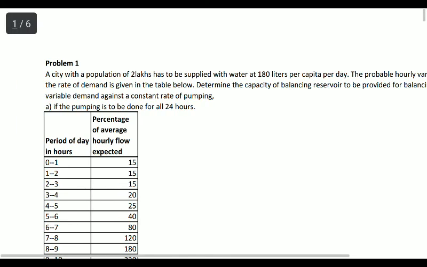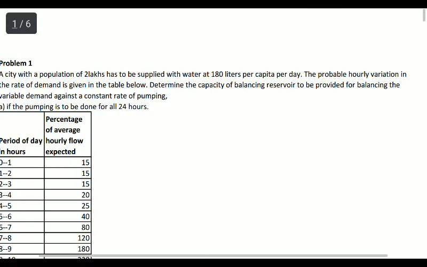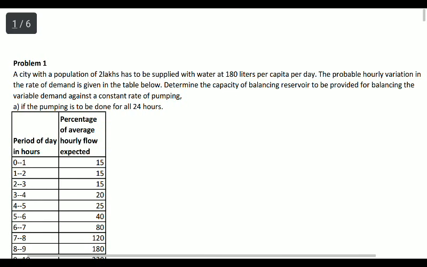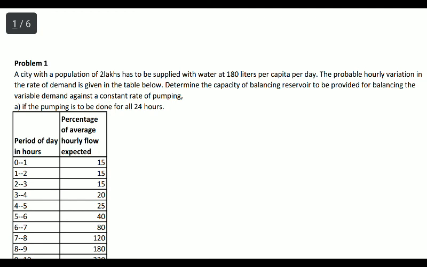Here you can see that, before the last line before the table starting, it is clearly written that if the pumping is to be done for 24 hours. Okay, I am coming to this part again.